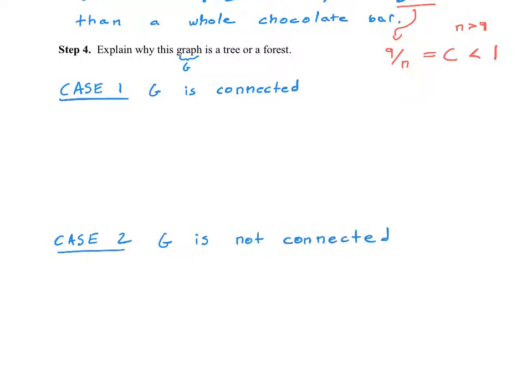So starting with case 1, if G is connected, and we also know that our graph has no cycles from the previous step, that's 2 out of 3. So we can take these 2 facts, fact 1 and fact 2, and combine it using the 2 out of 3 property to tell us that G is in fact a tree.